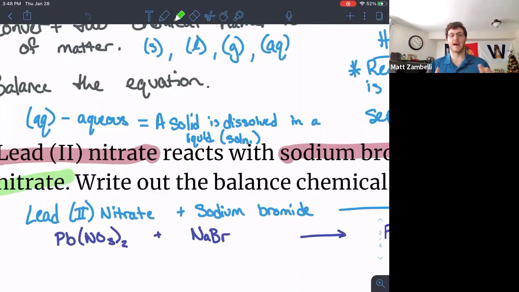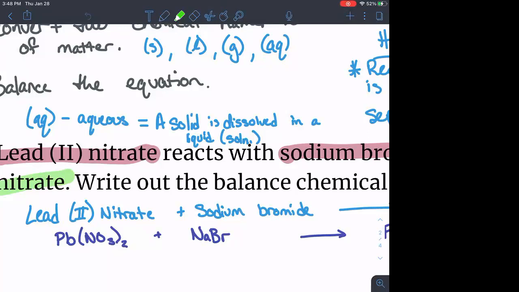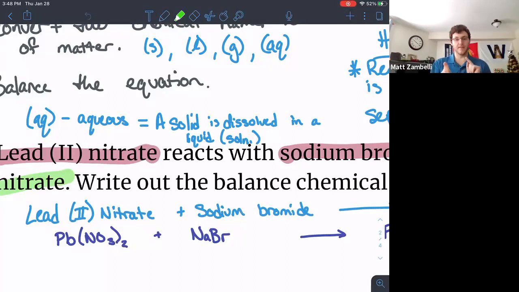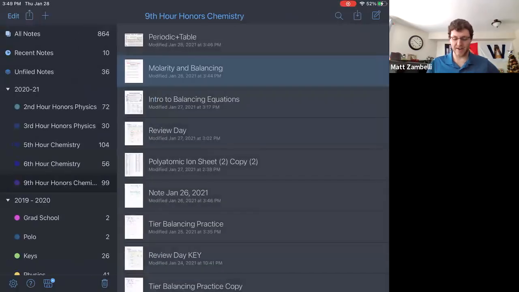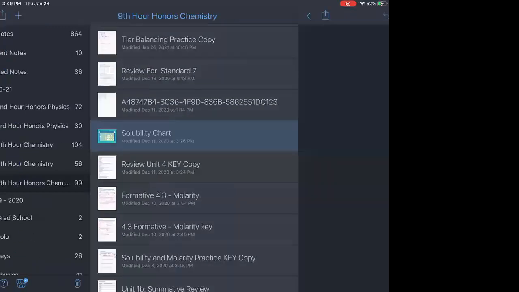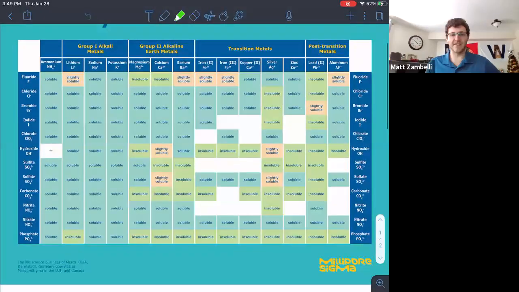Remember that aqueous is when a solid dissolves in a liquid or a solution. Molarity? We will in the future need to know our molarities, but where do we check to see if a solid will or will not dissolve in solution? Where do we have to look for that? Solubility. The solubility chart. So we've got to go to that wonderful thing, probably your favorite thing.